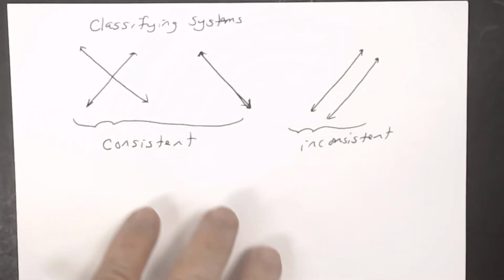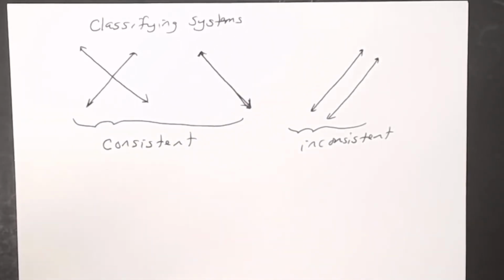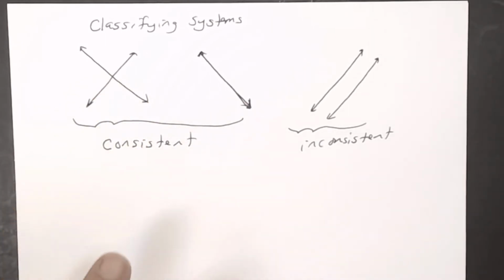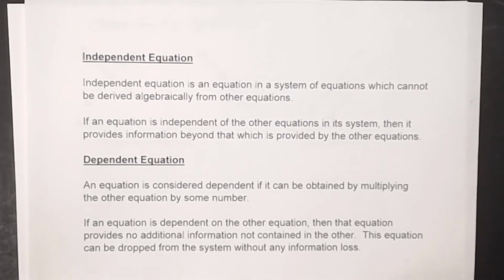We can dig a little bit deeper, and this is going to be important what I'm about to tell you. So the equations can be independent or dependent. So let's talk about what an independent equation is.